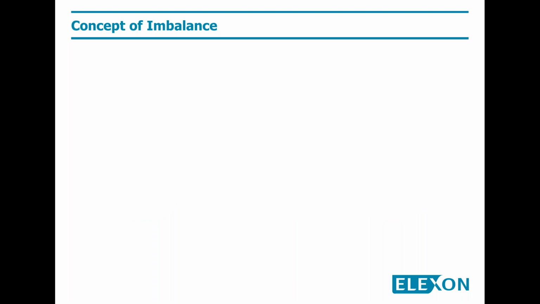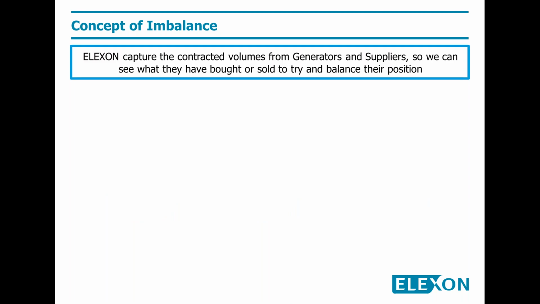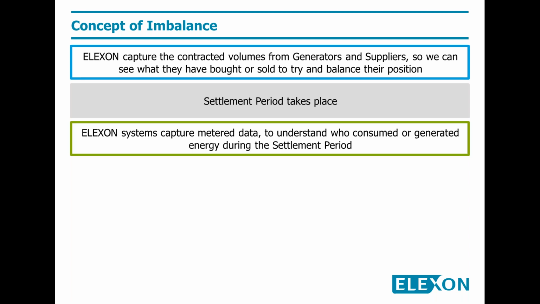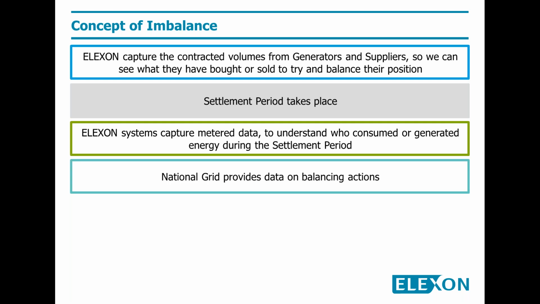So a quick resume of what we've spoken about. ELEXON capture contracted volumes from generators and suppliers, so we can see what they've bought and sold. The settlement period then takes place. We then capture the metered data to understand what was actually consumed or generated during that settlement period. We then gather data from National Grid on any balancing actions that they've taken in each settlement period.